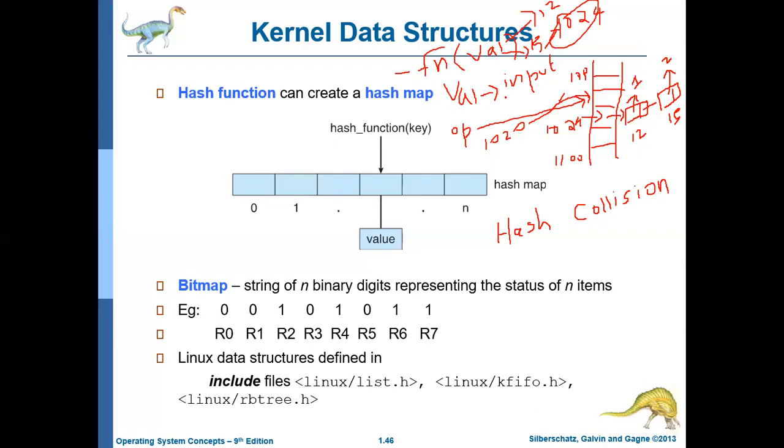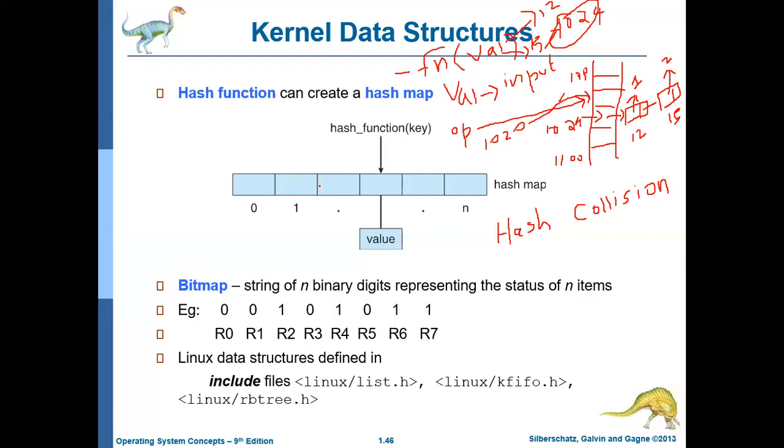So this is how a hash function works. A hash function is an ordinary function which takes a value as an input and produces an output. The output refers to the memory location. The operating system uses this to directly access a particular memory location and execute the instruction. But sometimes a hash function may create a problem called hash collision, that is, if two or more inputs to the hash function give the same output.